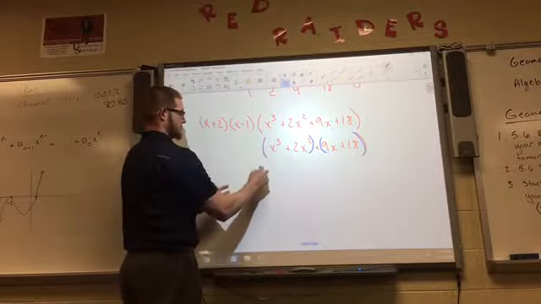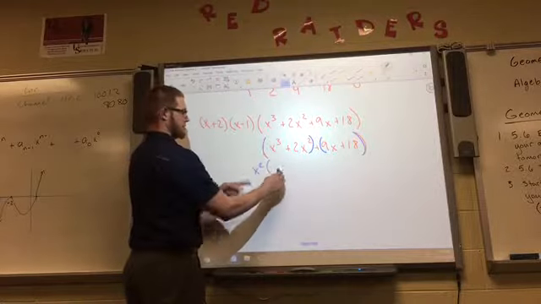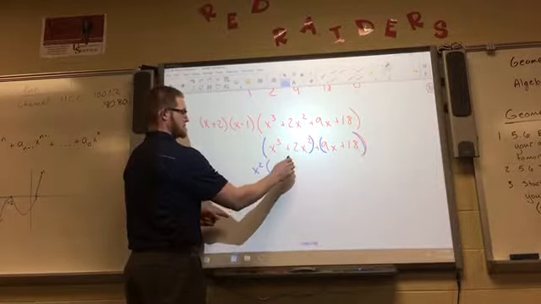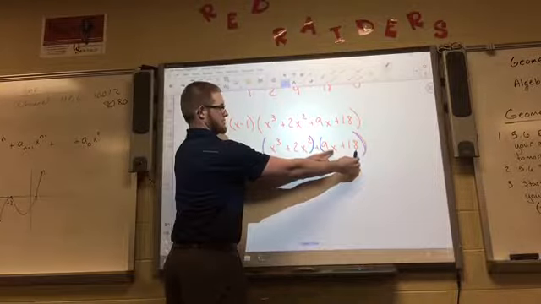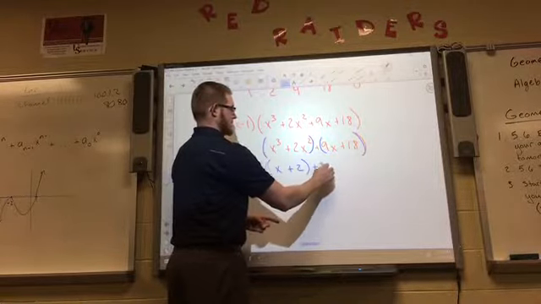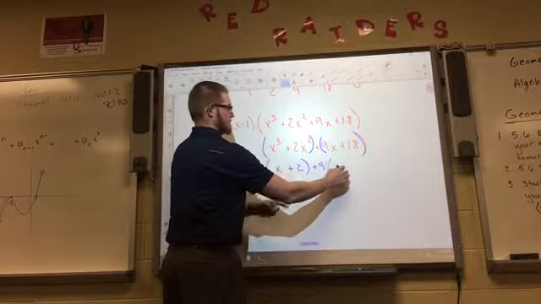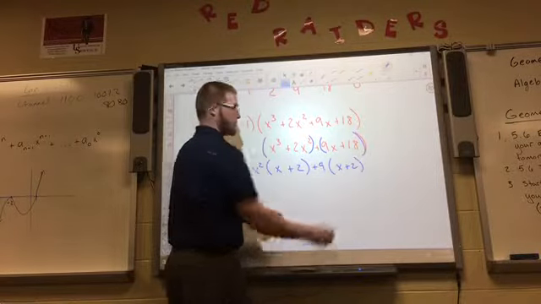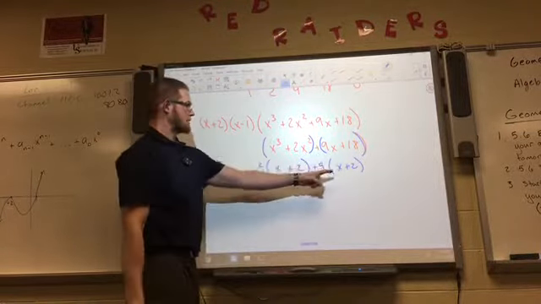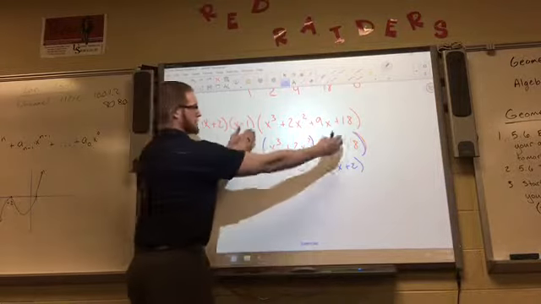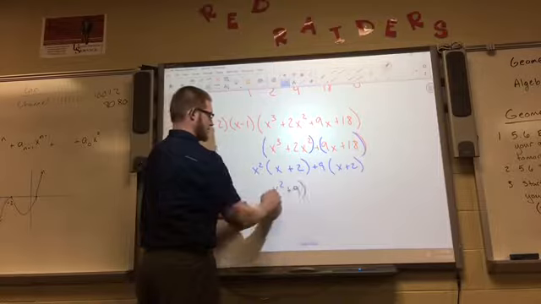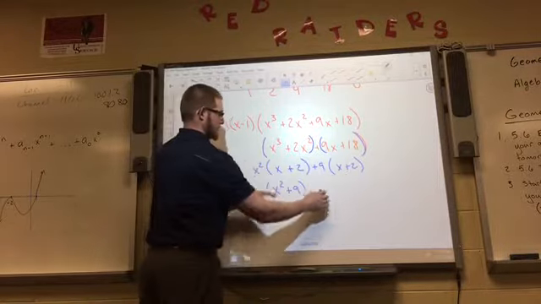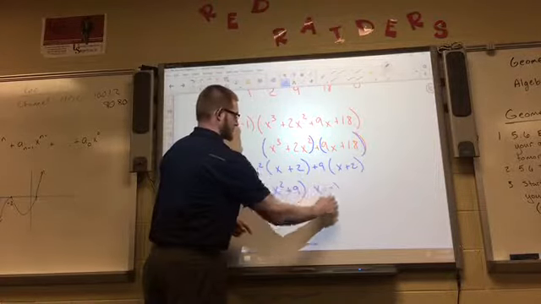Okay, so I take out my x squared and I'm left with x plus 2. Take out a 9. And I'm left with x plus 2. So grouping worked, didn't it? Because these are the same. So what are my 2 factors out of just my grouping then? X squared plus 9 from there and x plus 2.